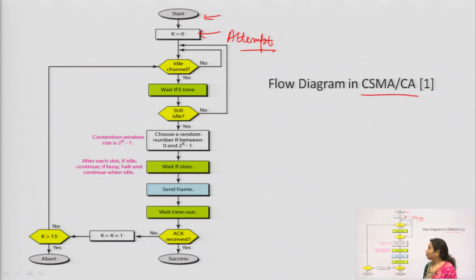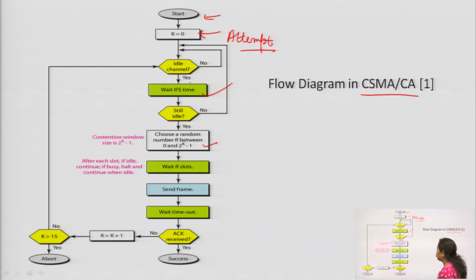If it is not, then it has to make another attempt. If it is idle, then it has to wait for the IFS time, which is the timer. If the channel is still idle, then it will choose a random number. If it is not idle, then it goes back for the next attempt. So, this is the case for the CSMA CA.